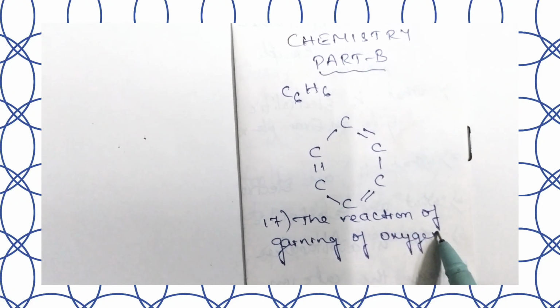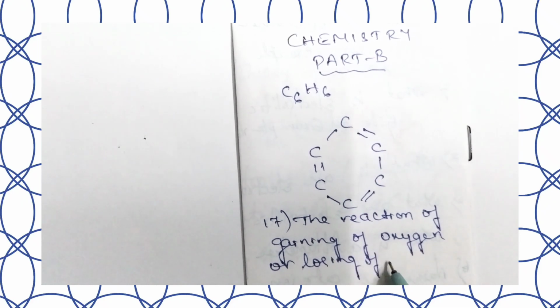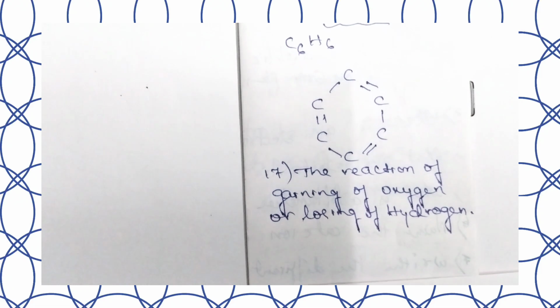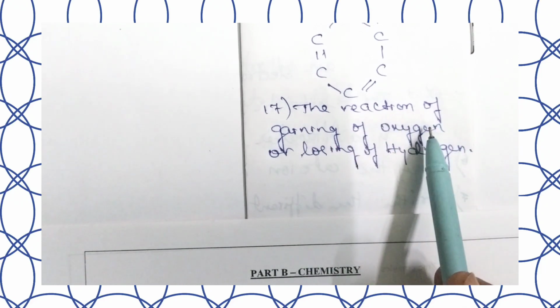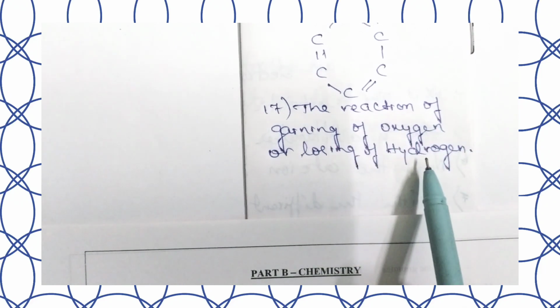The reaction of gaining of oxygen or losing of hydrogen. The reaction of gaining of oxygen or losing of hydrogen is called as oxidation reaction. What is oxidation reaction? The reaction of gaining of oxygen or losing of hydrogen.